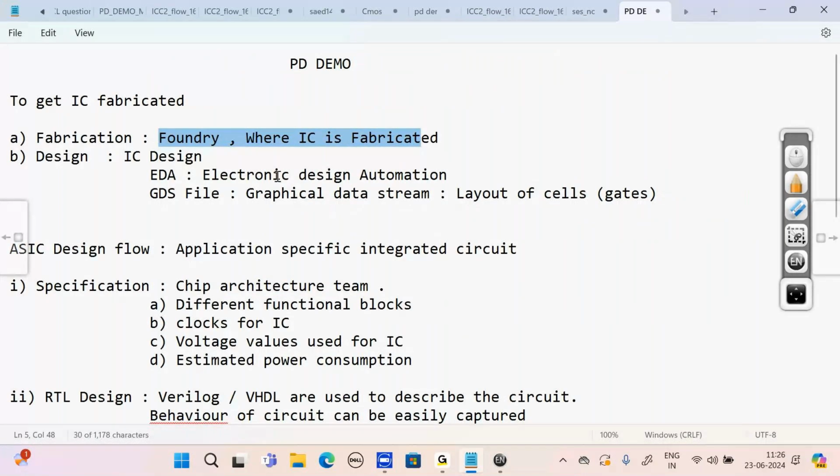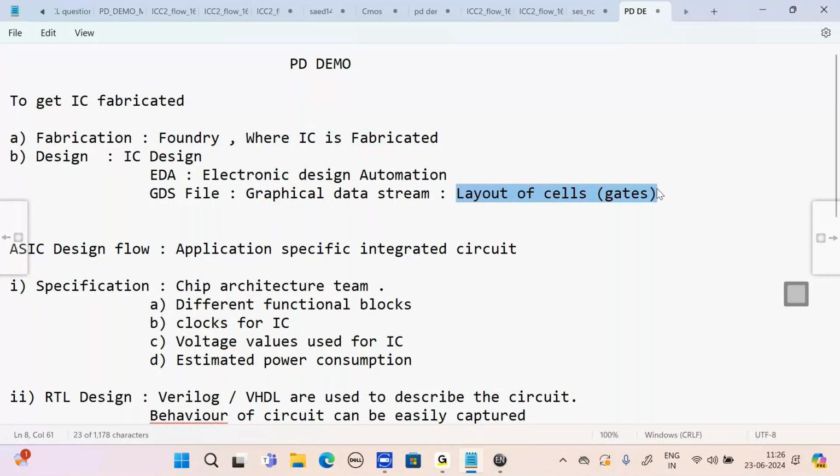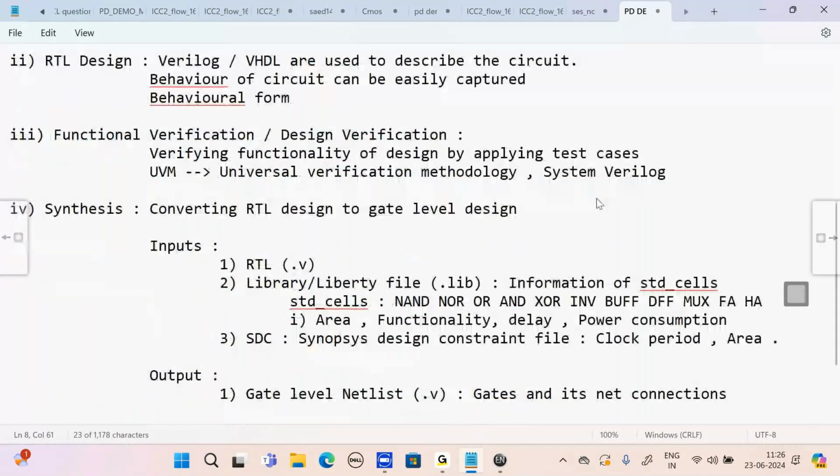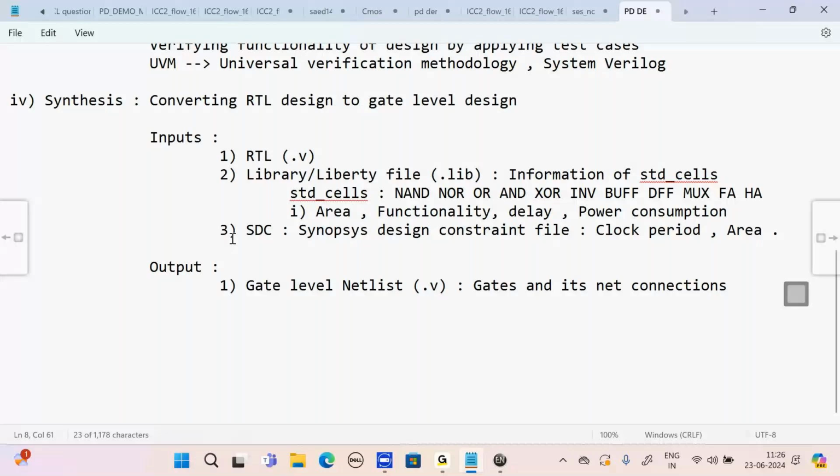My foundry requires what? That is the role of physical design engineers: convert this gate level information to layout level. So we are the last step before sending the design to the foundry. Generate the layout and send the layout to the foundry. They will fabricate the IC for us. Right?